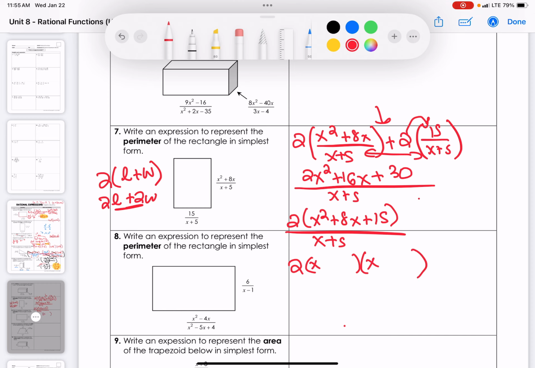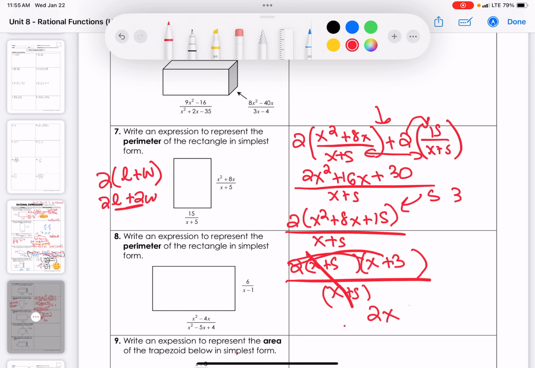So 2 numbers that multiply to 15 but add to 8, so 5 and 3. x plus 5, x plus 3, all over x plus 5. So now it cancels out. That cancels. I'm left with 2 times x is 2x. 2 times 3 is plus 6. And that would be my perimeter. All right, that's it. You guys got to do the rest.